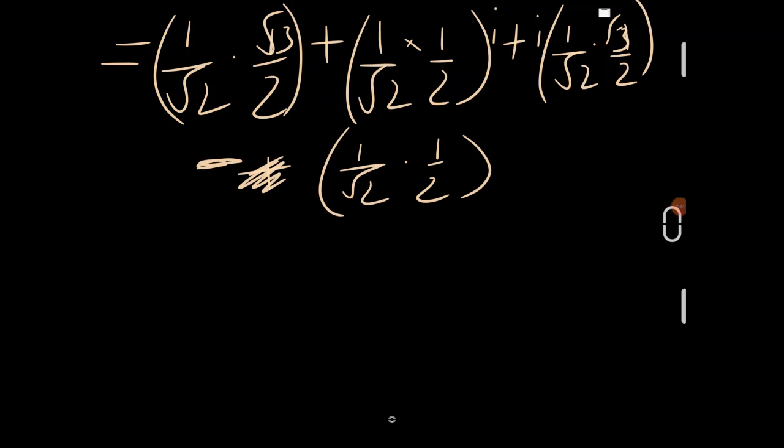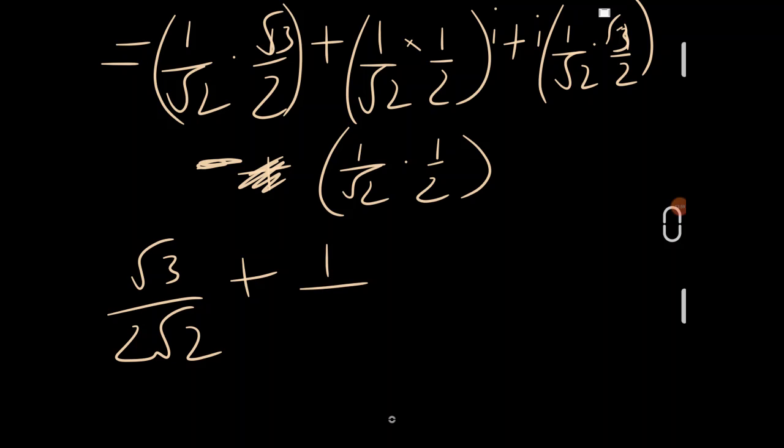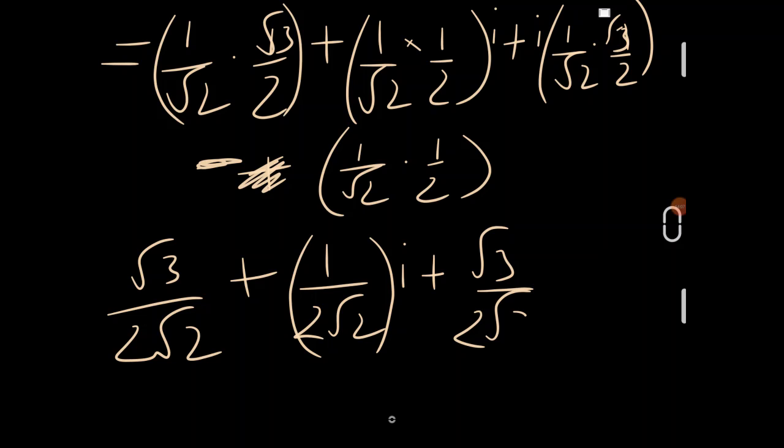The answer will be 1 by root 2 into root 3 by 2, that is root 3 by 2 root 2, plus 1 by 2 root 2 i, plus root 3 by 2 root 2 i, plus 1 by 2 root 2.